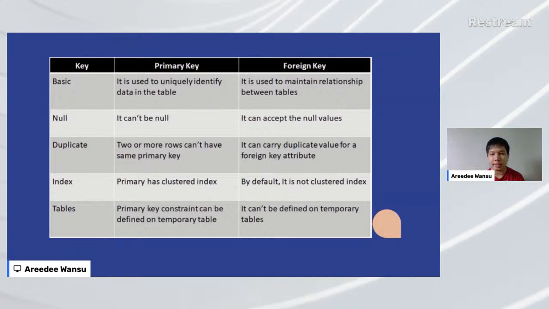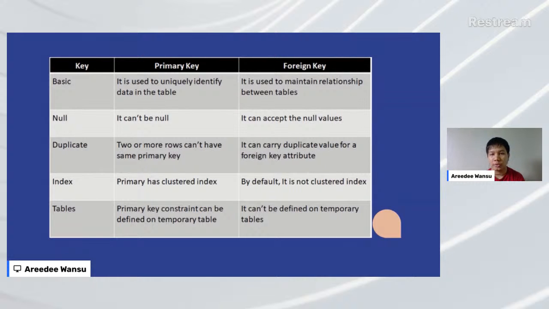A primary key never accepts null values, whereas a foreign key may accept multiple null values. You can have only a single primary key in a table, while you can have multiple foreign keys in a table. The value of the primary key cannot be removed from the parent table, whereas the value of a foreign key can be removed from the child table.